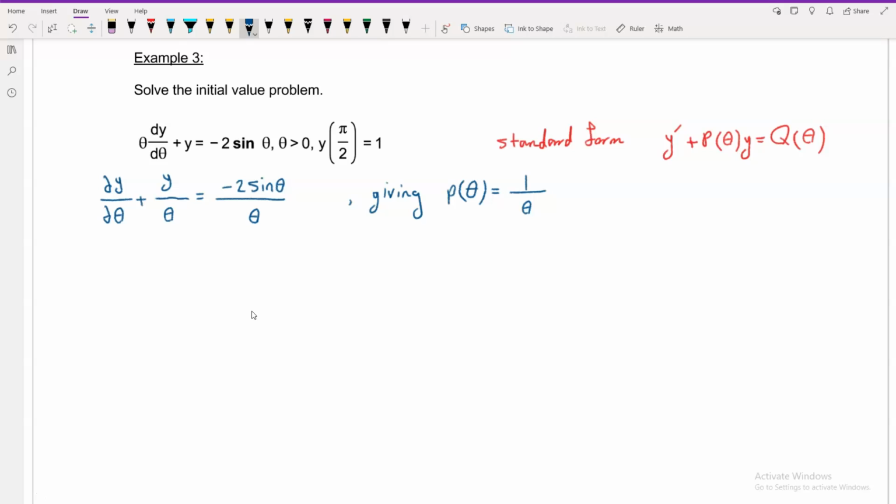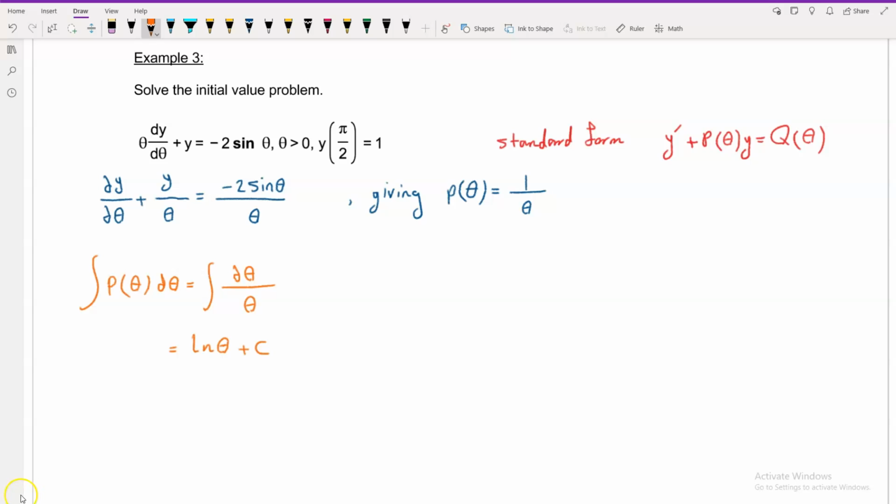Based on what we have here, the coefficient of y is 1/theta, so that is p(theta). So the integral of p(theta) d theta is the integral of 1/theta d theta, which is natural log theta plus constant.